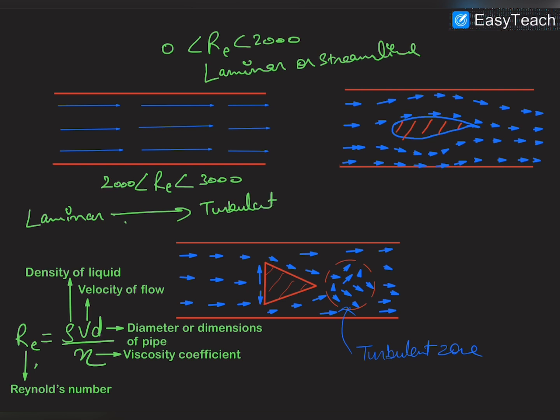And if the Reynolds number is greater than 3000, then this type of flow is turbulent flow.